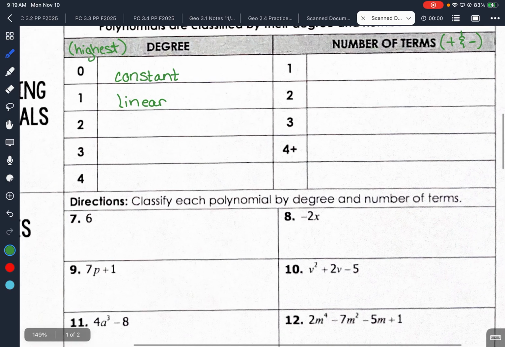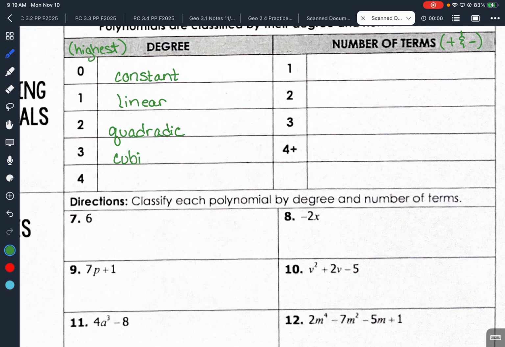If the highest degree is 2, it's quadratic, which this year we will deal with a lot. If the highest degree is 3, it is cubic. If it's 4, it's quartic, hence quarter, 4.